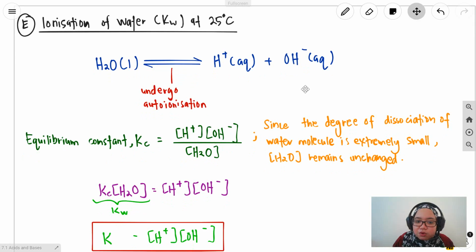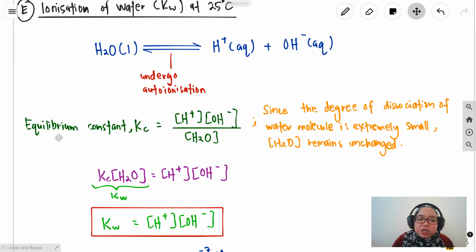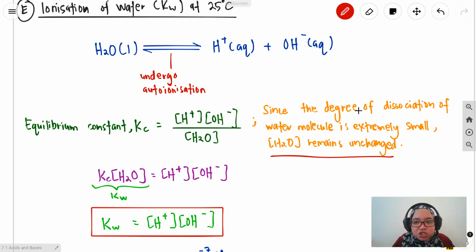aqueous. So we can say that the equilibrium constant Kc is equal to the concentration of H plus times the concentration of OH minus divided by the concentration of water. However, since the degree of dissociation of water molecules is extremely small, we can assume that the concentration of water will remain unchanged.